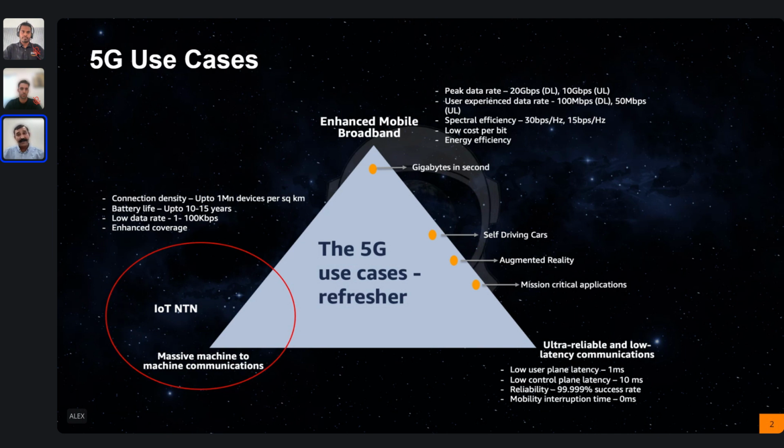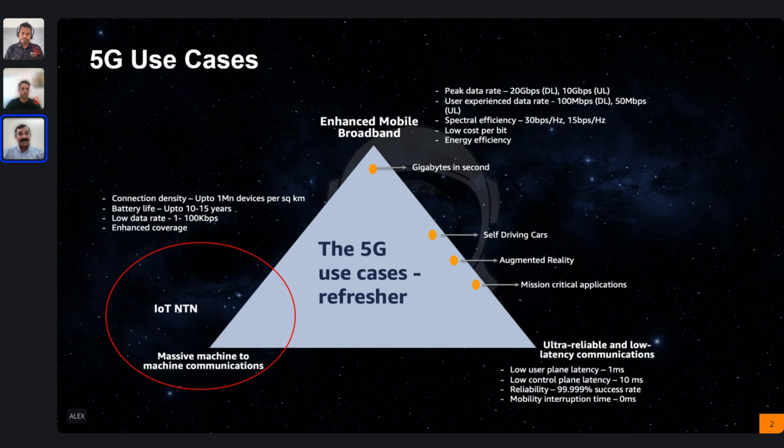Then it comes to ultra-reliable and low latency communication. When we talk about 5G, we are talking about self-driving cars, augmented reality, mission critical applications. For all those applications, some parameters are very important. We are expecting low user plane latency, let's say 1 millisecond, and low control plane latency of 12 milliseconds.